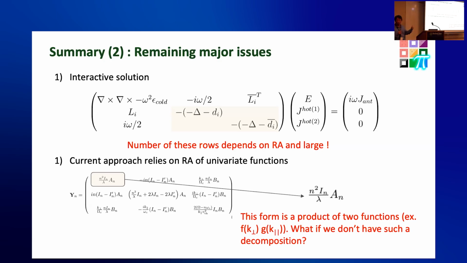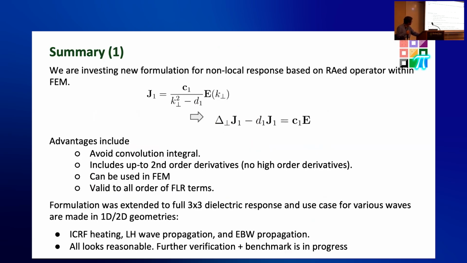Other than that, there is a convolution kernel, or the other option is to assume K perpendicular is very, very small, and then you can expand this and use a different approach. But then the validity of this approach is limited to when the wave K perpendicular is small, which means the wavelength is large. So we took this because we believe it is more general.